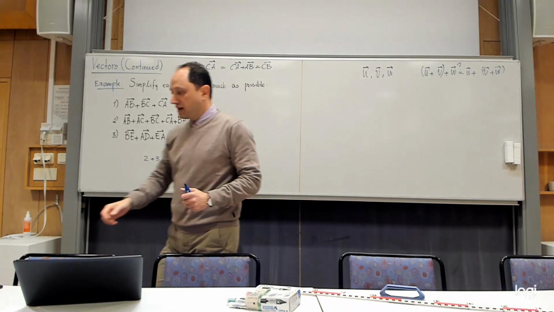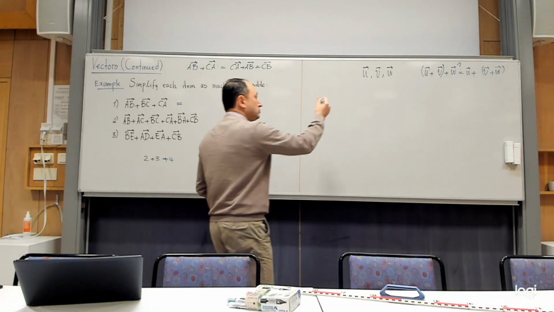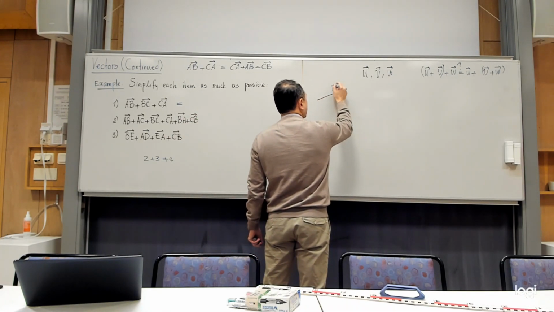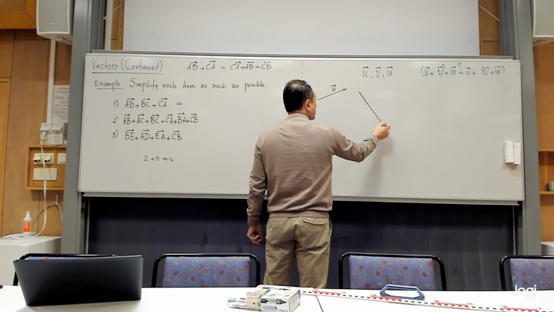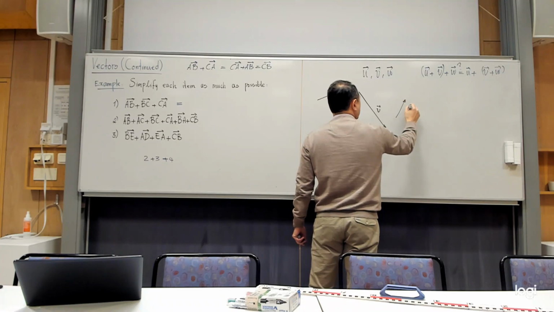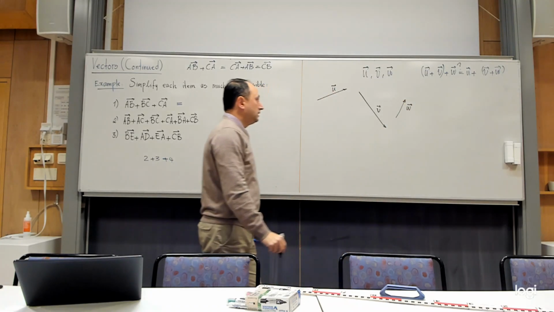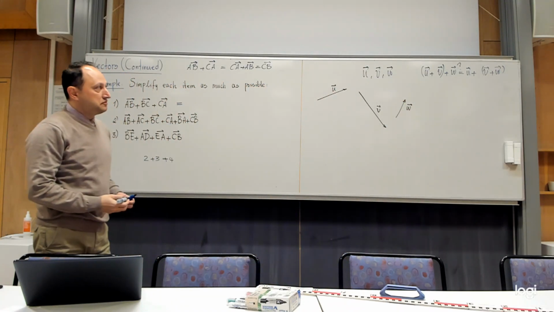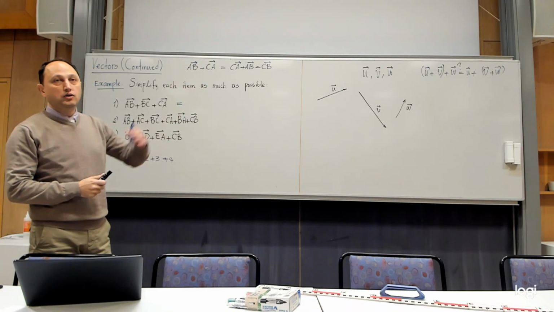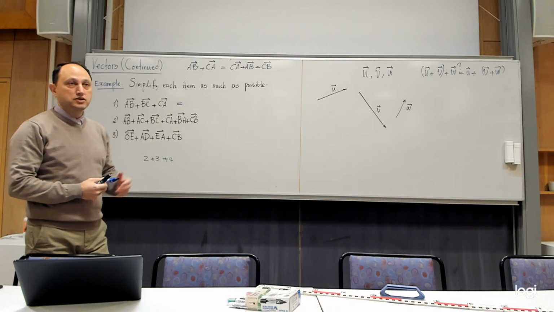Okay, so for example, assume that I give you 3 vectors. This is vector U, and this is, for example, vector V, and this is, for example, vector W. Let us try to draw a figure so that we are somehow convinced that this equality is valid between these 3 vectors.